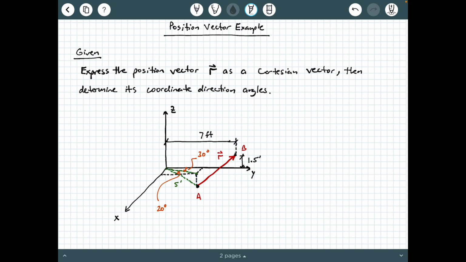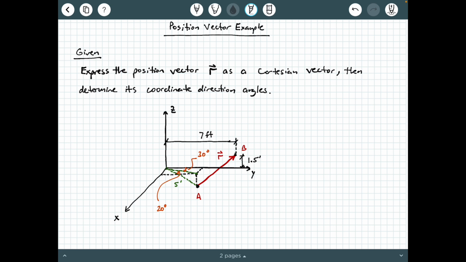Now, if we were to project that little help line, this green dash line, up to the XY plane, we'll get this other green diagonal line here. Now that line is what I sometimes call the shadow or the projection in the two-dimensional XY plane, and it has a reference angle of 30 degrees away from the positive y-axis.